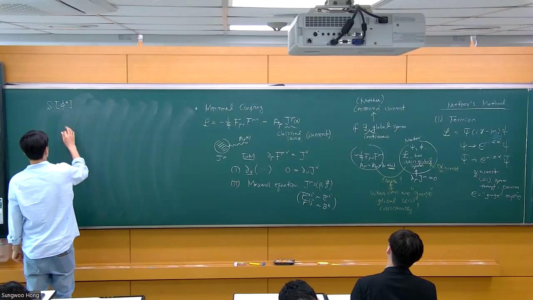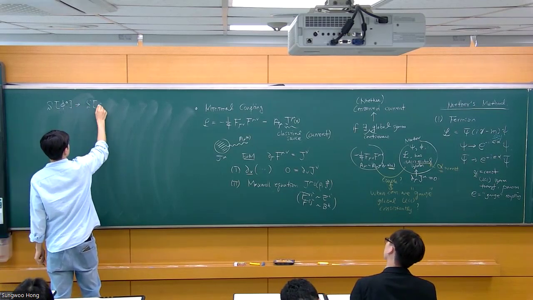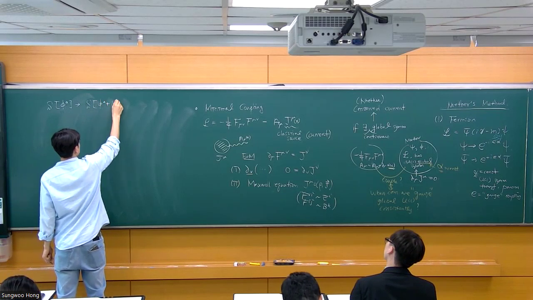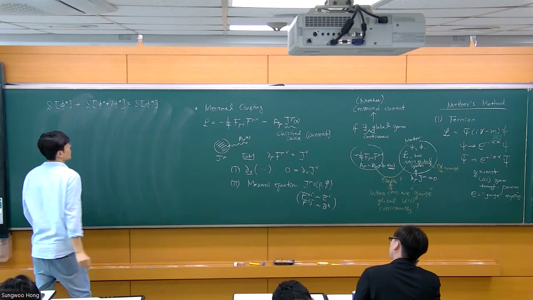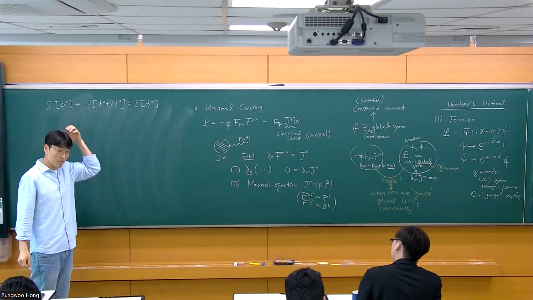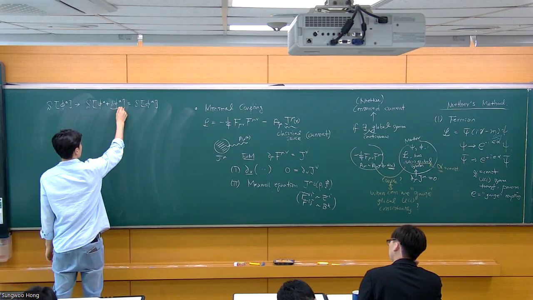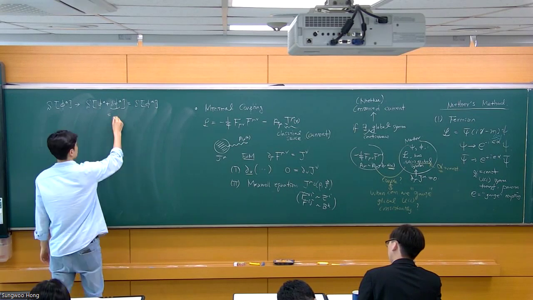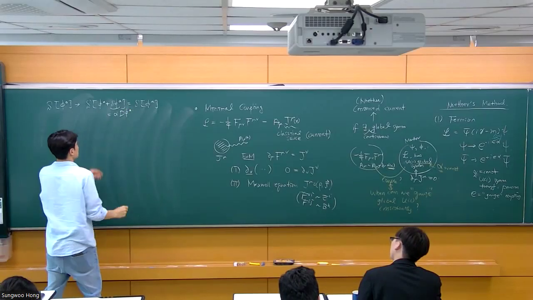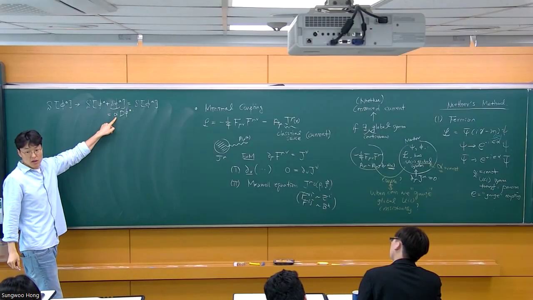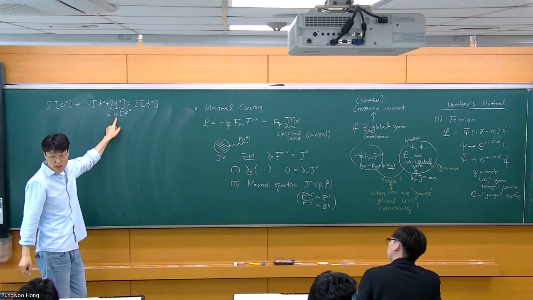Then if there is a symmetry transformation of phi A, with some shift, I know that the action should be the same as before. That's what it means to be a symmetry of the theory. I'm going to rewrite this as the symmetry transformation parameter alpha times how the field itself transforms. Here I'm just looking at the infinitesimal case, linear in alpha.